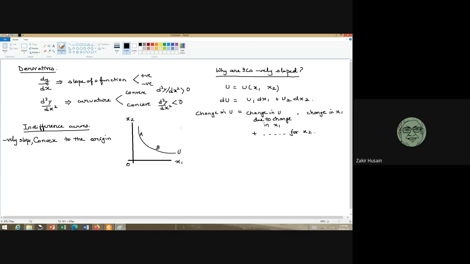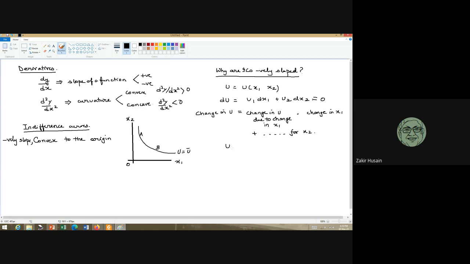It will remain the same, because that's the property of an indifference curve. U is equal to U bar along an indifference curve. So therefore, dU is 0, right?